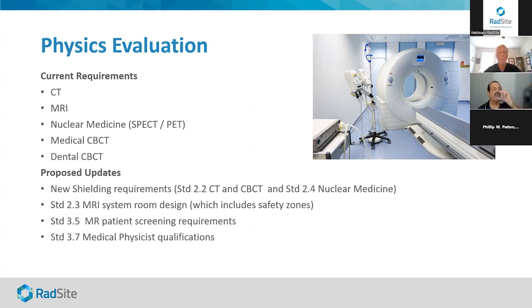And one of the things we do from the mandate from CMS is we require a third-party physics group to evaluate all the modalities that we accredit. And we accredit CT, MR, SPECT, and PET, along with the cone beam CT units. And so the standards that are set are in standard 7, and they go 7.2 for CT, 7.4 for MR, and et cetera.